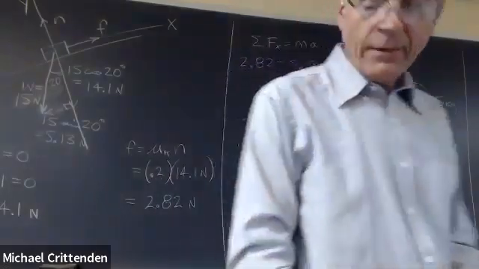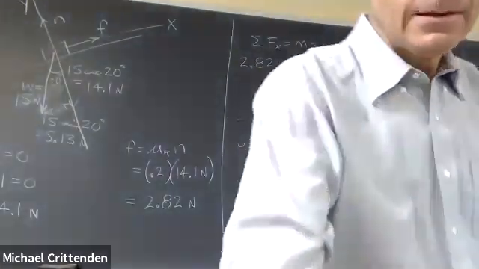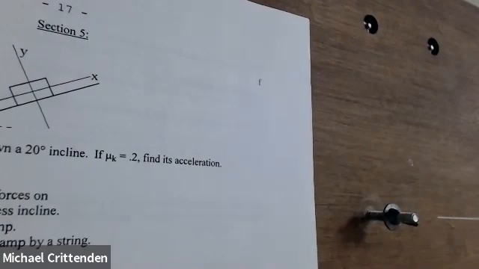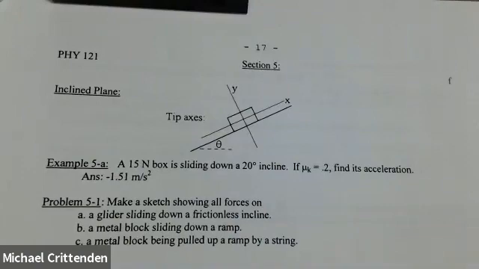Okay, so first of all, a conceptual question where it's more practice drawing the free body diagrams. A glider on an air track, similar to what we had in the F equals MA lab.